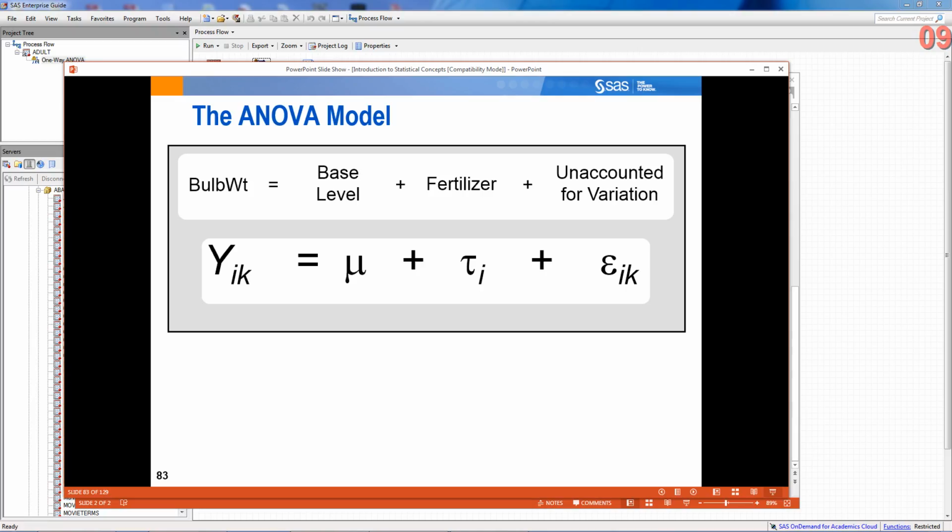The overall yield or bulb weight depends on some kind of a base level, and also depends on the fertilizer, and there is some unaccounted variation, which is the error term. And so we want to tease out the effect of fertilizer on bulb weight by separating out the base level and the error term.